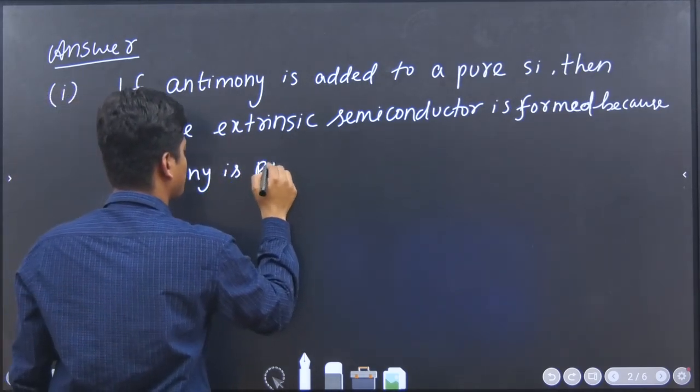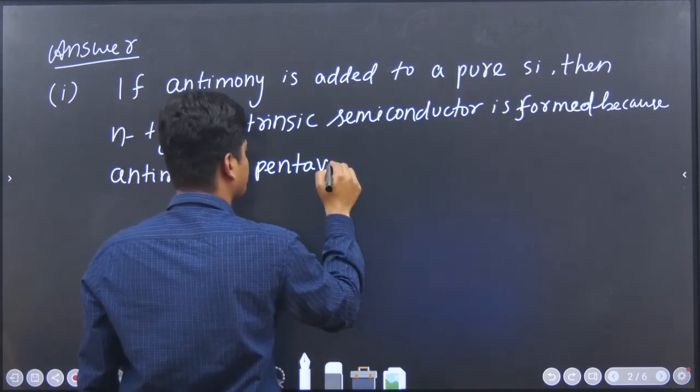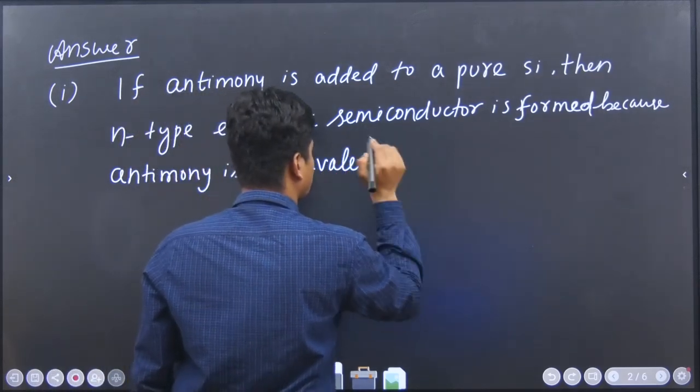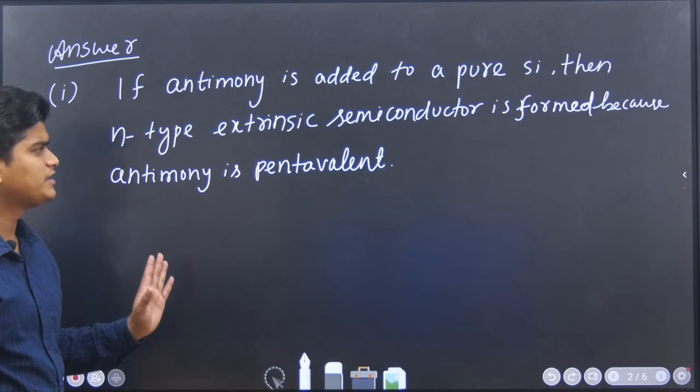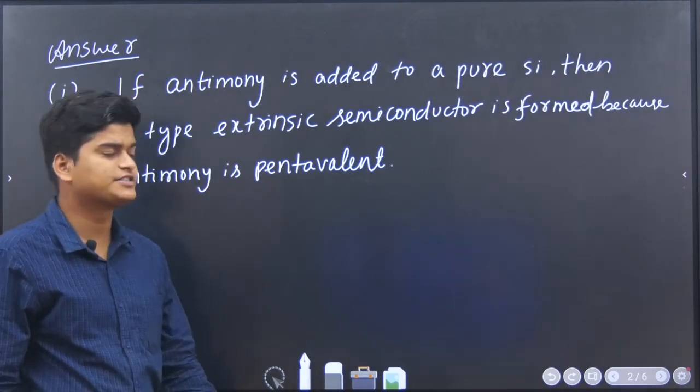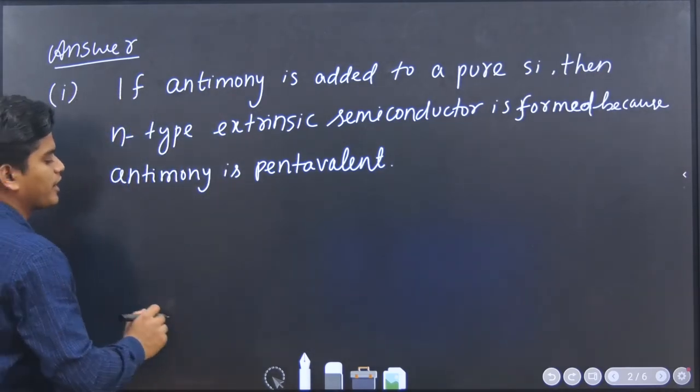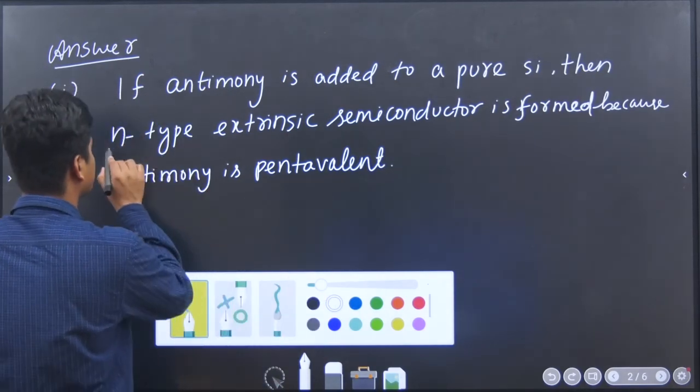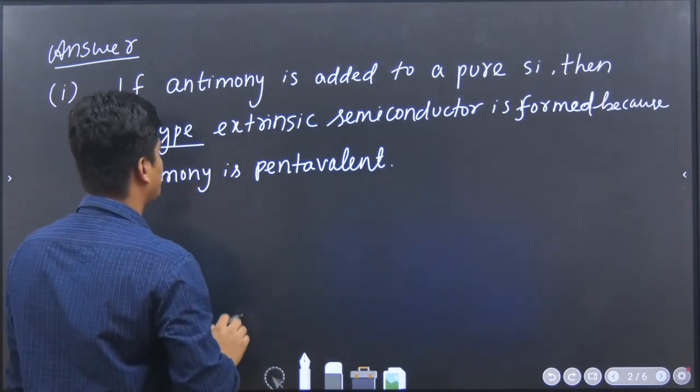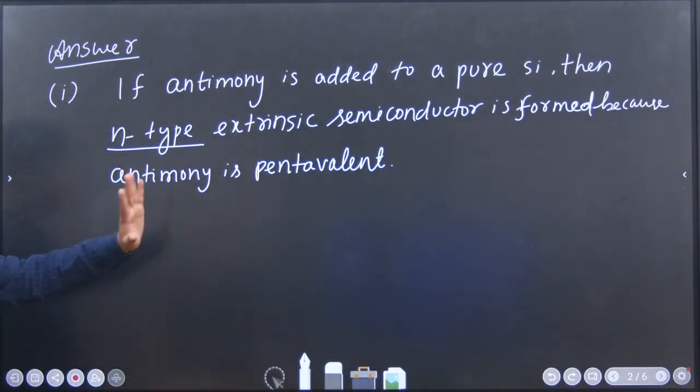When a pentavalent impurity is added to pure silicon, an N type extrinsic semiconductor will form. You can highlight this word a little. So the first part is over.